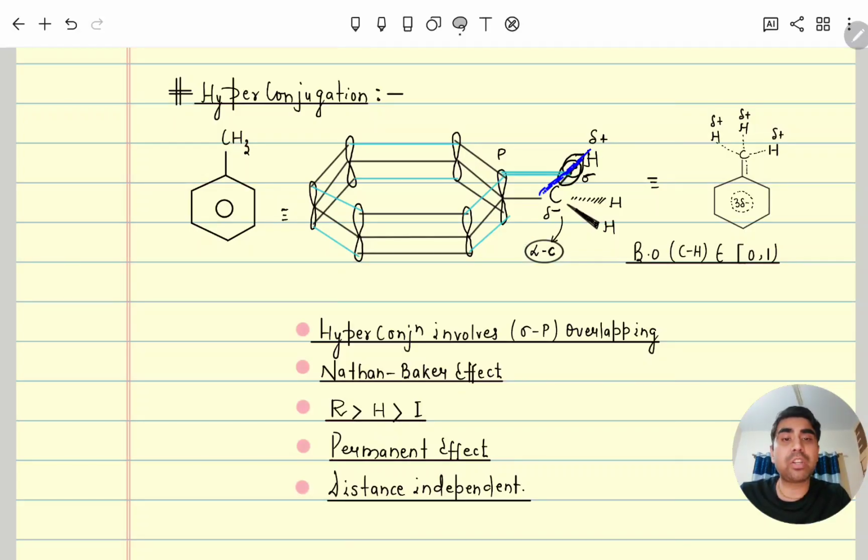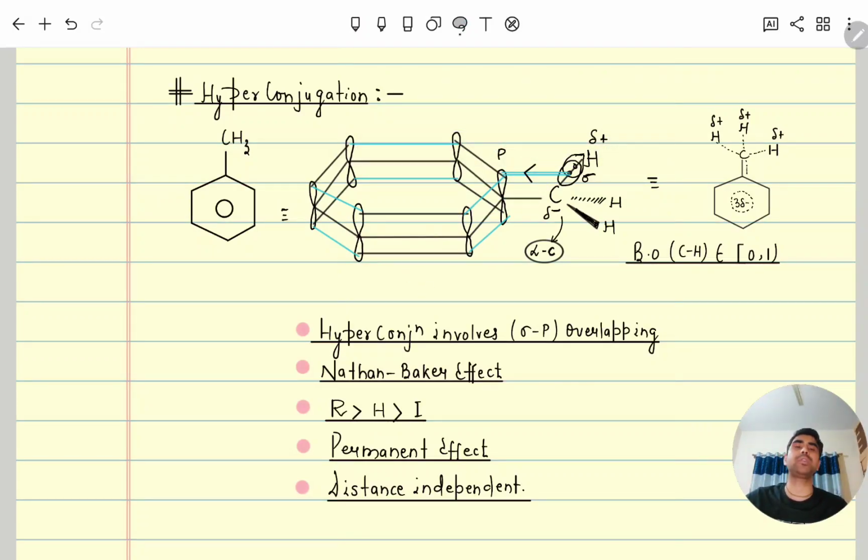That delocalization of sigma electrons into a pure p orbital is called hyperconjugation. The electron moves from high electron density, since here there are 2 electrons and here only 1 electron, in this manner. So this is called hyperconjugation.